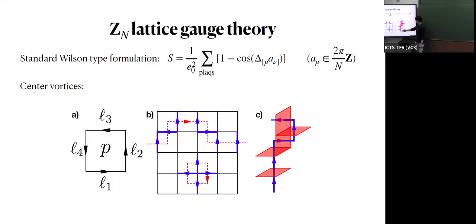In this panel, you see that the world line of the center vortex is piercing plaquettes. And on each plaquette, you say that the field strength is equal to 2 pi over n. So that is the meaning of a center vortex configuration in this lattice model. And in fact, practically any configuration of this lattice gauge theory can be viewed as a superposition of such center vortex configurations. This is a theory of center vortices.